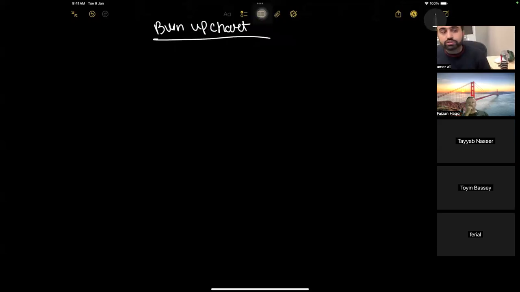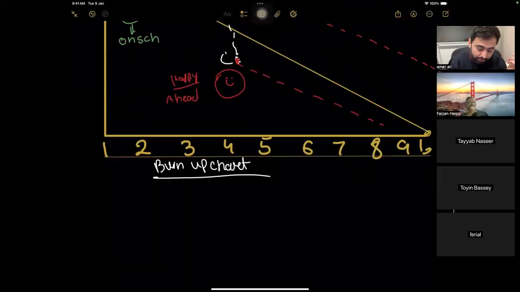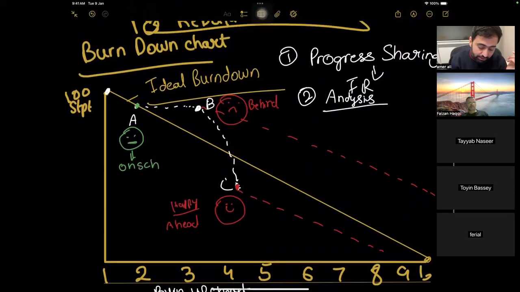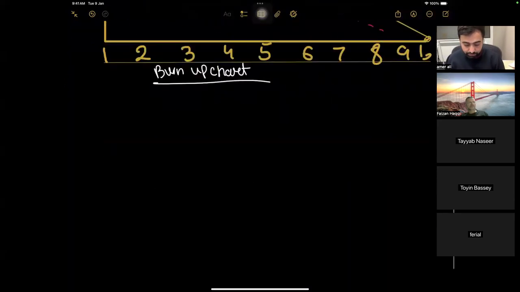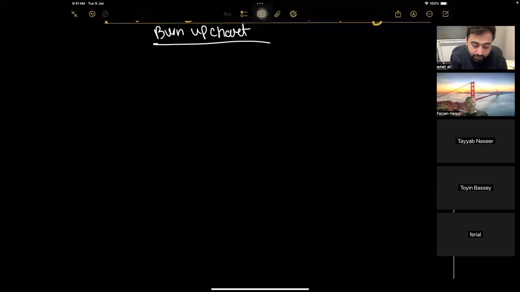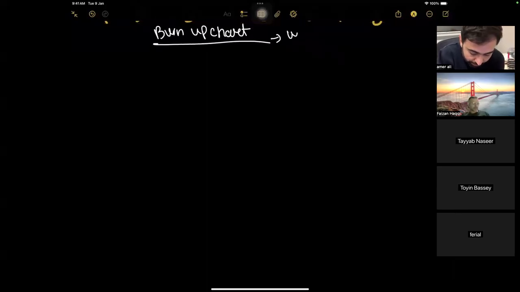Since burn down shows how much work is remaining, burn up shows how much work is done. That is the burn up chart.